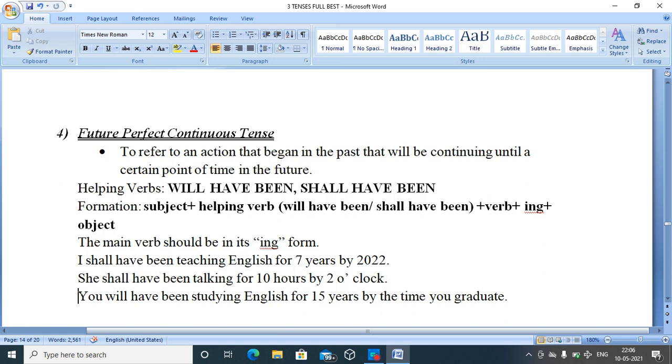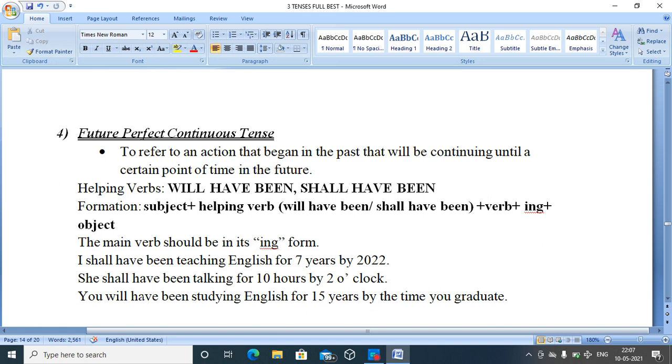Then another example. You will have been studying English for 15 years by the time you graduate. Each one can think about learning a particular language, at which standard, from which standard onwards I did have this particular subject, at which standard I started learning English or Hindi.